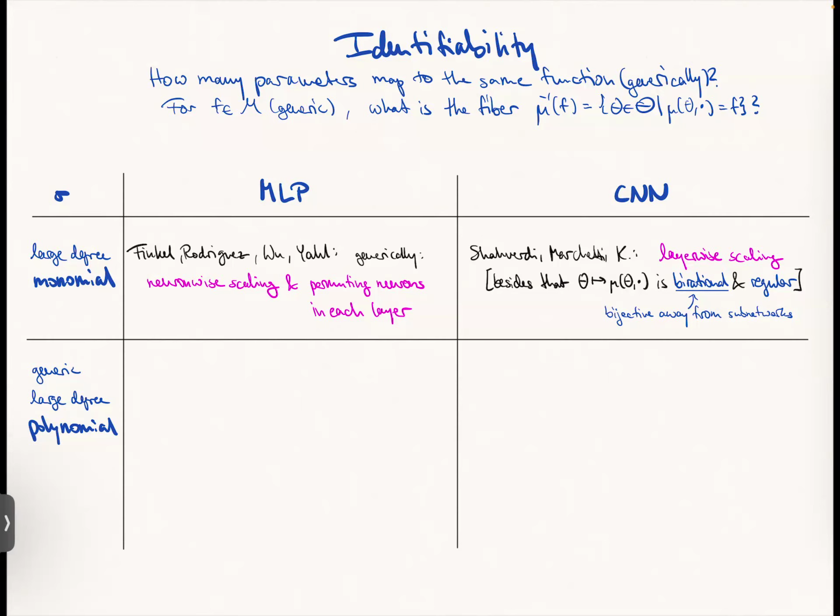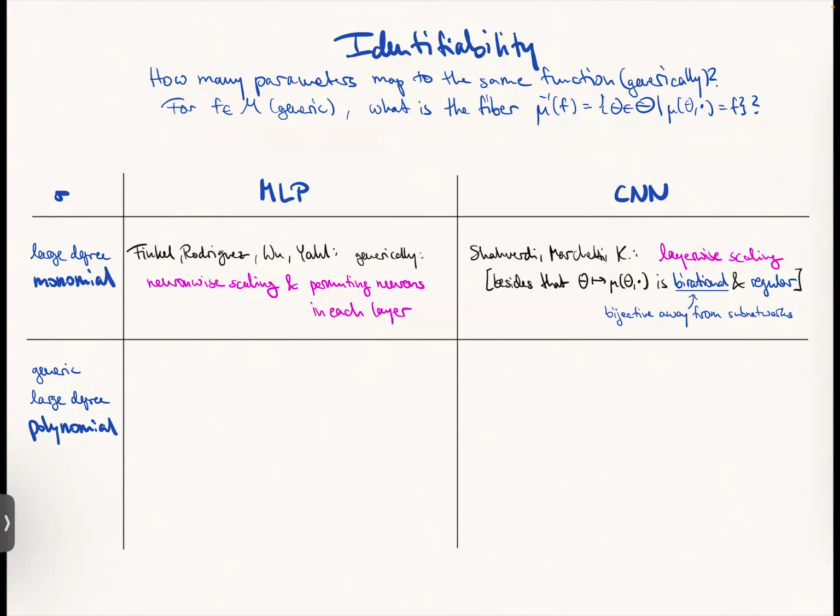So you can always do backpropagation. It's not a problem, nothing is ever breaking, is what this says in less algebraic language. And if you mod out the layer-wise scaling, it's almost bijective everywhere, and it's exactly not bijective at these subnetworks that cause singularities. This is how the singularities appear on the neuromanifold.